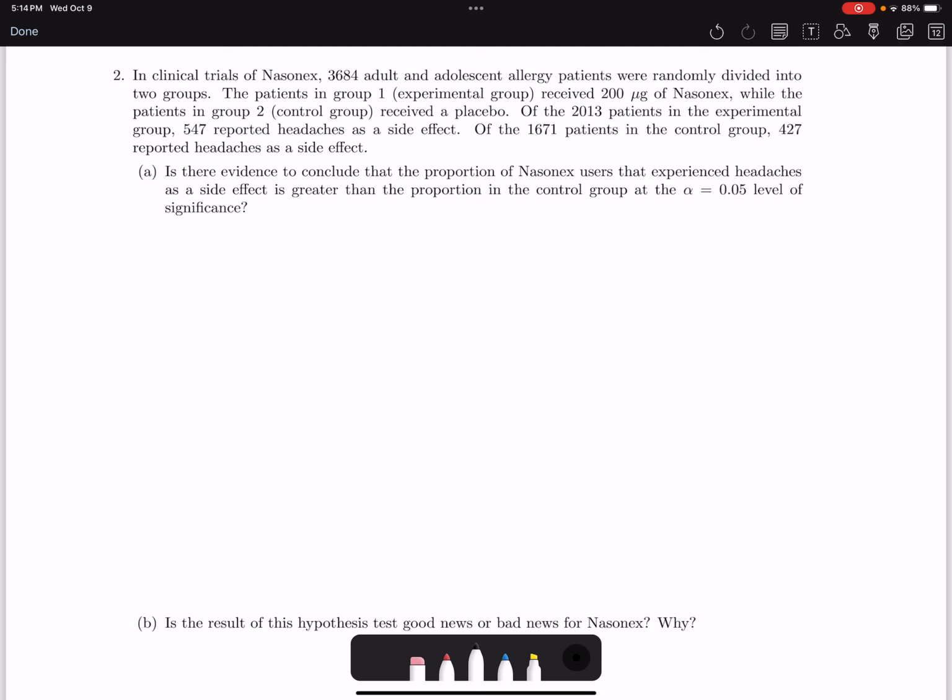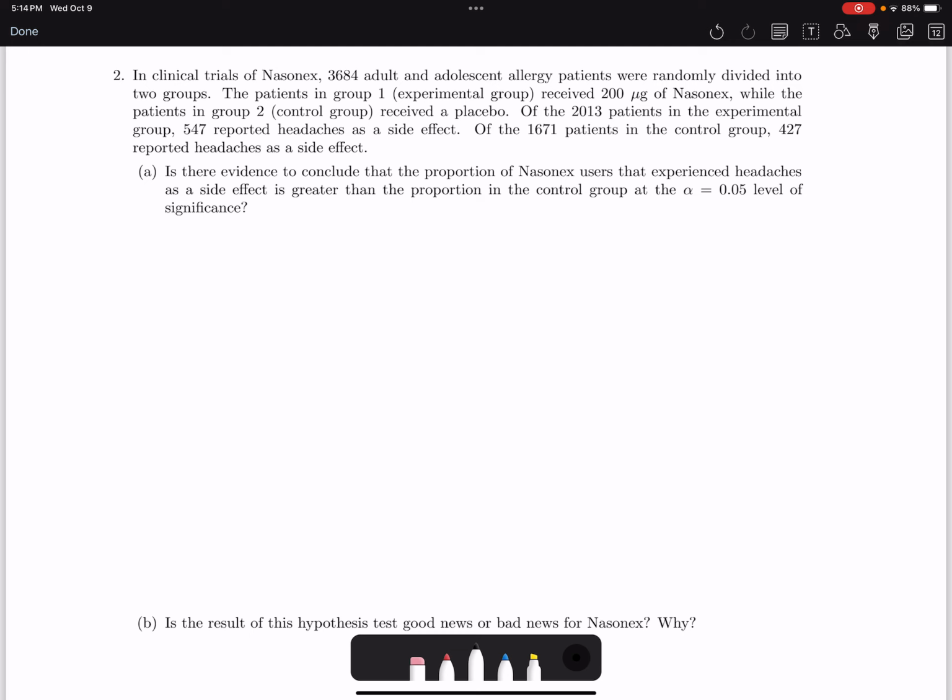So it says, in clinical trials of Nasonex, 3,684 adult and adolescent allergy patients were randomly divided into two groups. The patients in group 1, the experimental group, received 200 micrograms of Nasonex, while the patients in group 2, the control group, received a placebo.